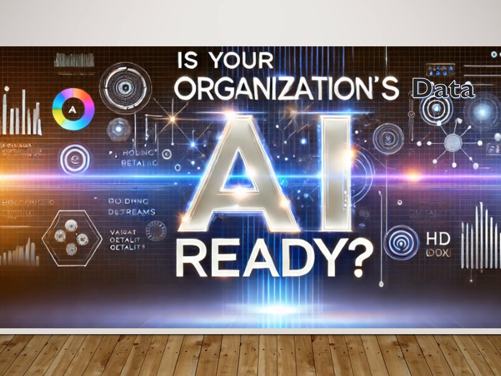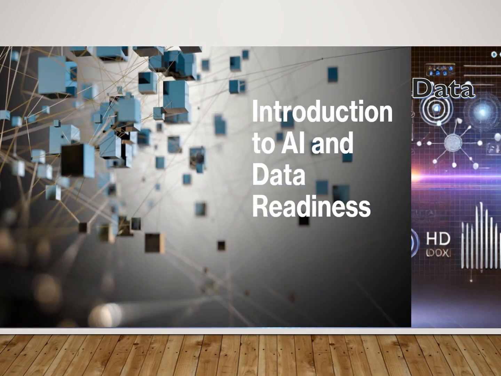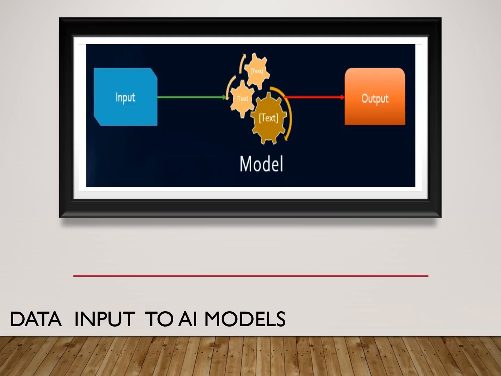Let's do a quick introduction to AI and data readiness. We need to have data readiness before we start implementing any AI solution. That's one thing. You understand that all AI models run on data. Data is one of the most important inputs to any AI system for generating output. All AI models are trained on data called training data.